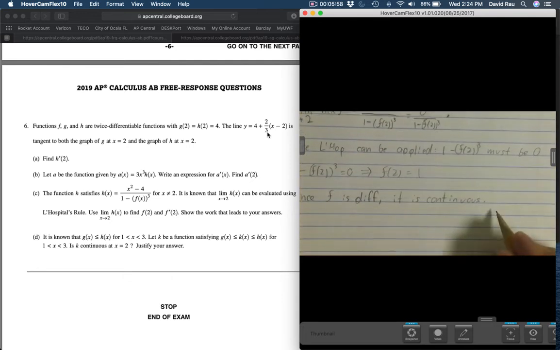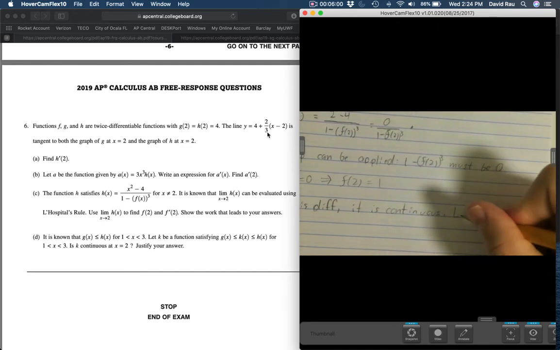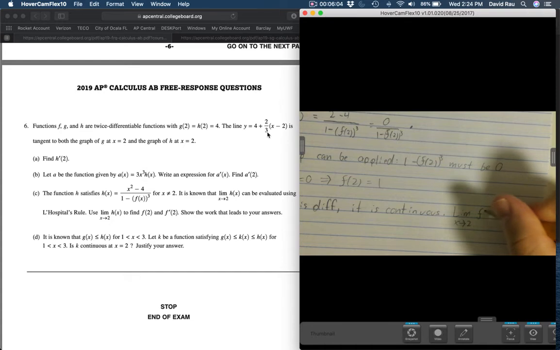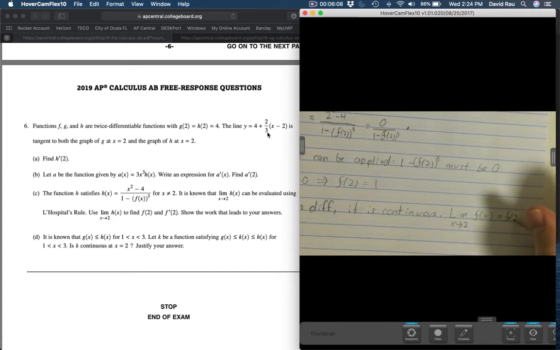And if it's continuous, here's the big key, the limit as x approaches 2 for f of x equals f of 2.